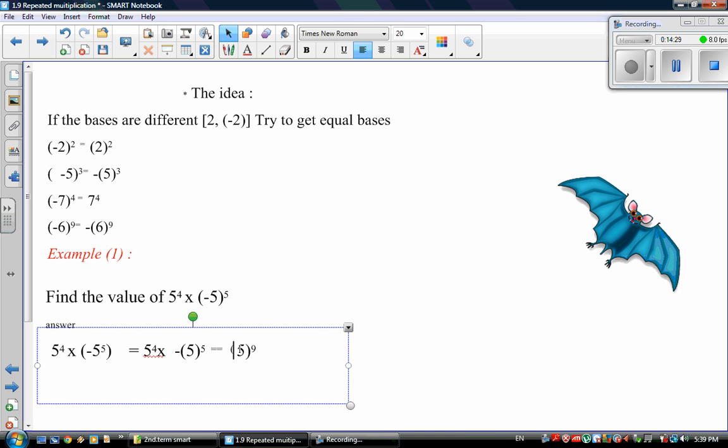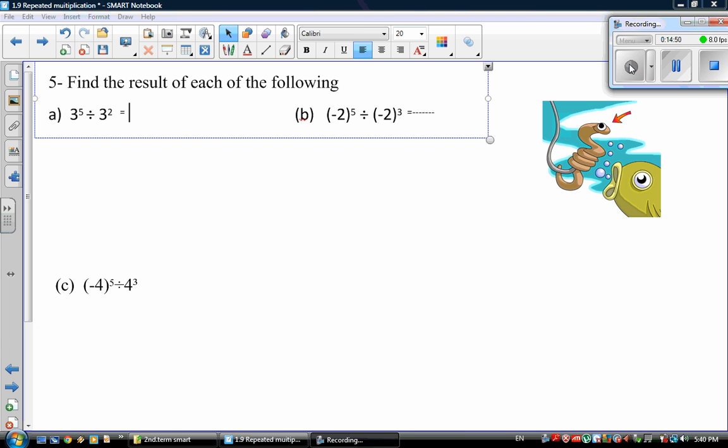And don't forget also to keep the negative sign here. So the answer will be negative 5 to the power 9.